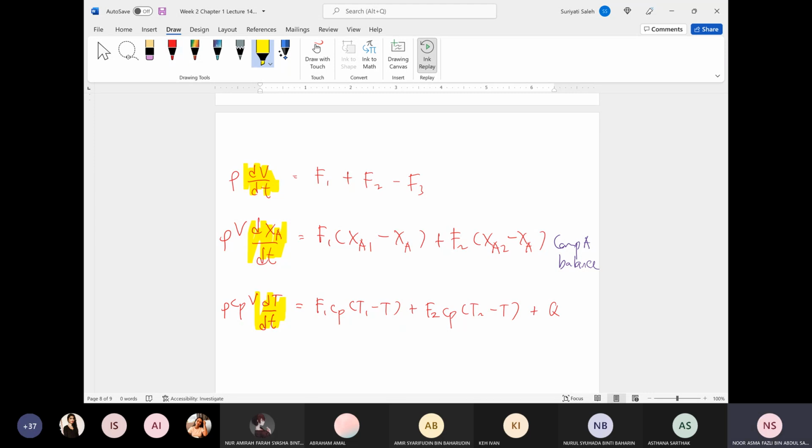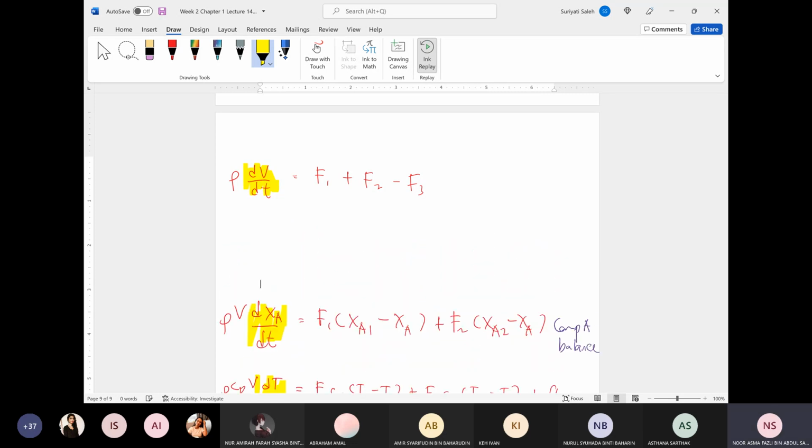In some cases, the overall mass balance, rho dV/dt, can be further expanded to reflect the level, where we assume V equals A multiplied by H, where A stands for the cross-sectional area.